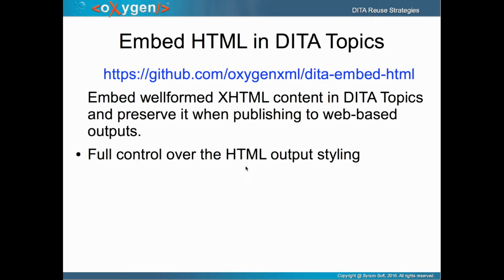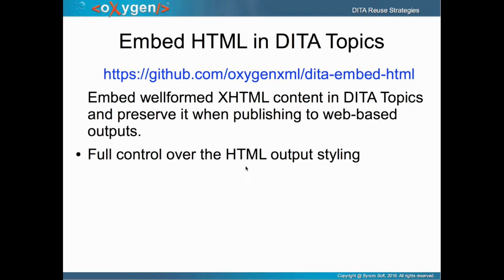So it seems like a strange idea, but instead of just modifying XSLT style sheets and adding output class to this topic and that topic and creating a plugin, having the possibility to embed HTML fragments in various parts of the topic for XHTML based output seems like a good idea.